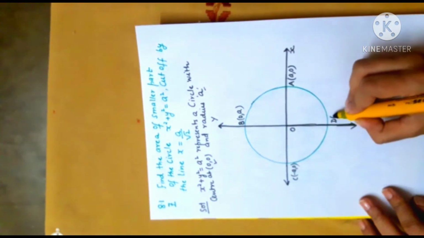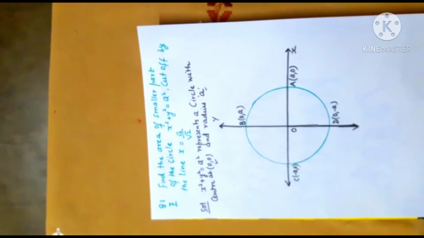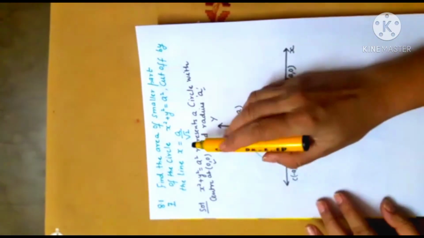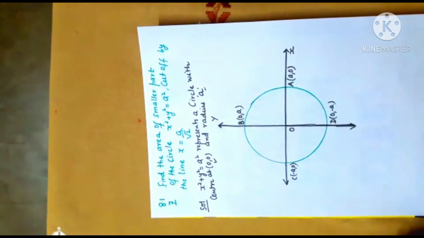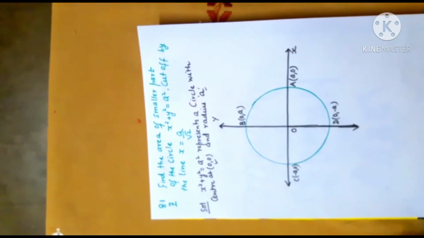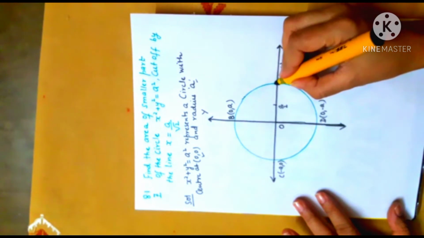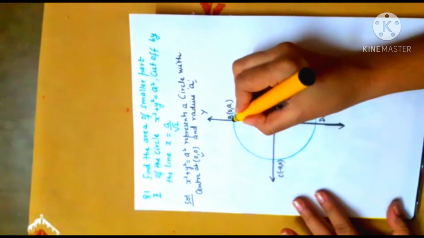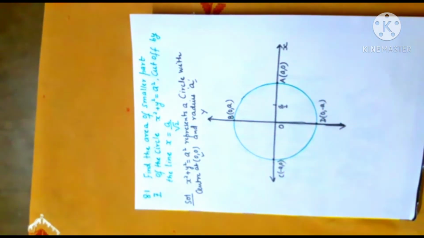And this point D will have coordinates 0, minus a. Right? X equal to a over root 2 is a line parallel to y-axis. So here we have marked these 4 points A, B, C, D on the circle, right?